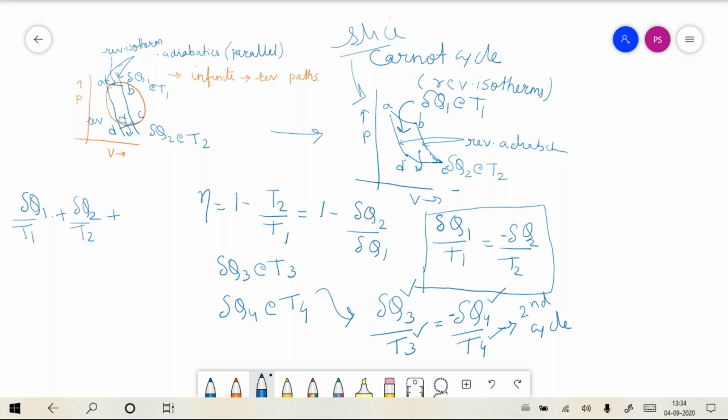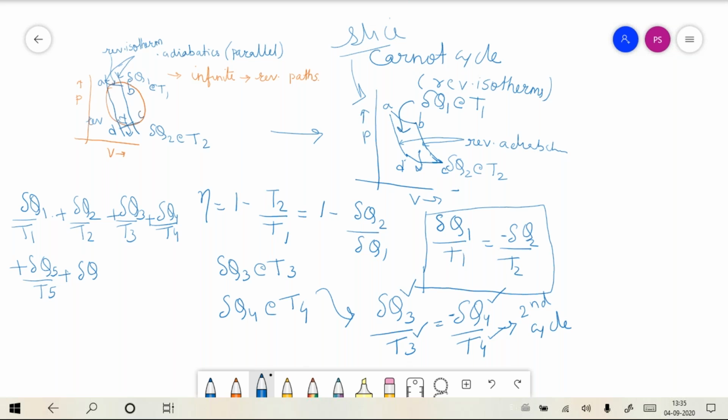For the second slice, it is del Q3 by T3 plus del Q4 by T4. Plus, for the third slice, del Q5 by T5 plus del Q6 by T6.